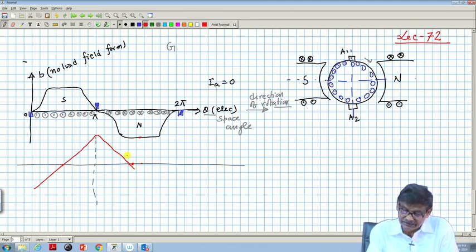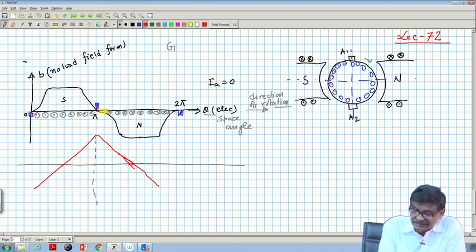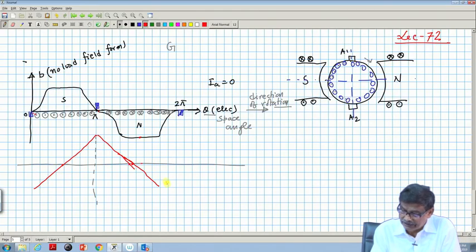It will at least cross the middle, and actually in this diagram this and this are not equal, they should be, but you understand what I mean. Once again this peak will be here at the brush and it will continue like this. The red one is the armature MMF.